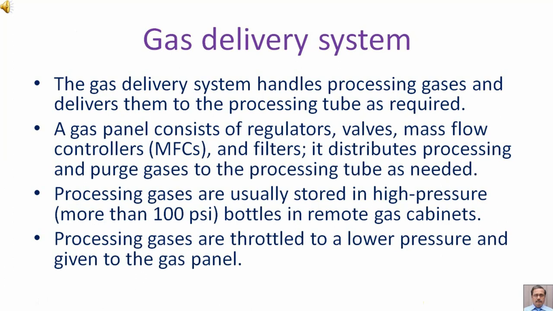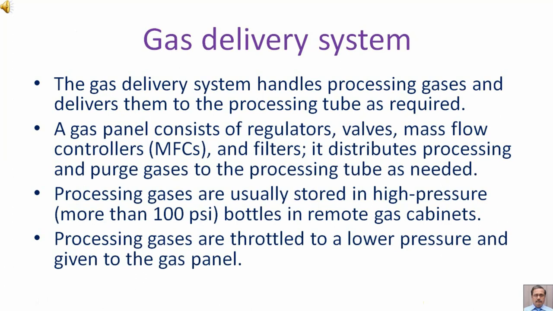Gas delivery system. The gas delivery system handles processing gases and delivers them to the processing tube as required. A gas panel consists of regulators, valves, mass flow controllers, and filters.